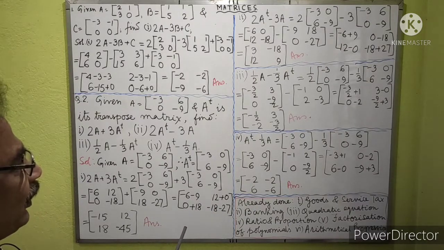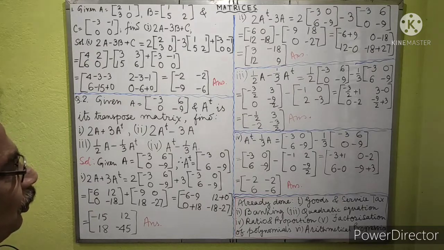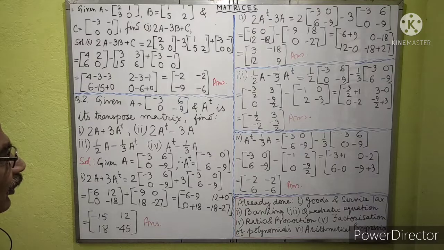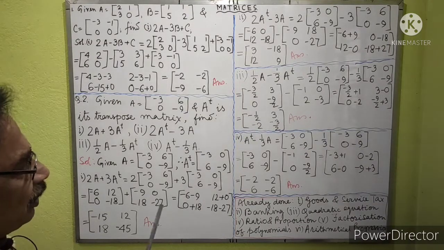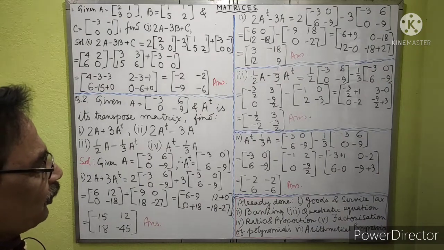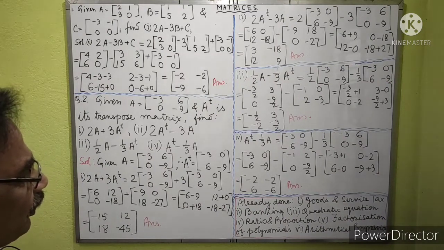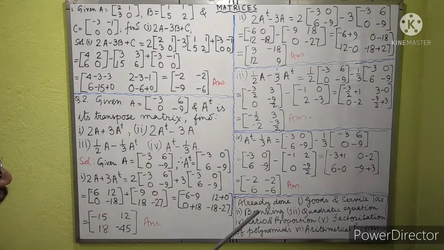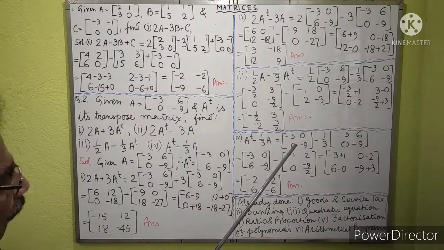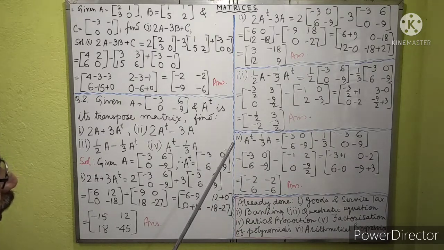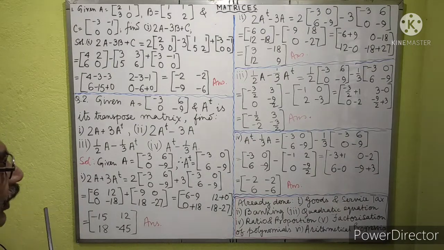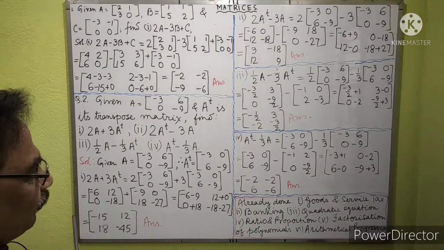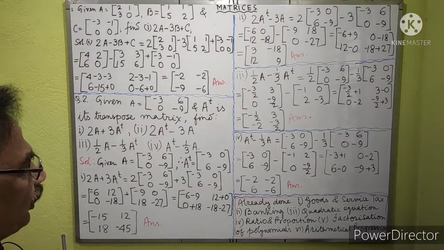And 1/3 of AT is minus 1, 0, 2 and minus 3. After subtracting, we get minus 3 by 2 minus minus 1, which is plus 1, 3 minus 0, 0 minus 2, and minus 9 by 2 minus minus 3, that is plus 3. And the result is [-1/2 3; -2 -3/2]. This is the answer.